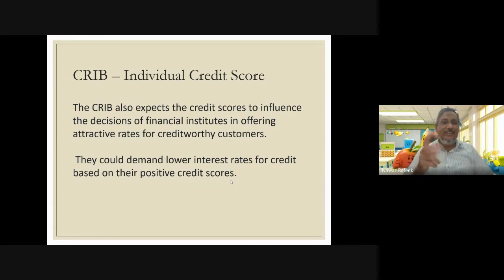So the pricing policy of the banks has to change. Product pricing policy has to change. Customers could demand a low interest rate for credit based on their credit score. If you got an A rating, for example, the customer can demand a lower interest rate. This is the risk, the challenge we have to face in the future.